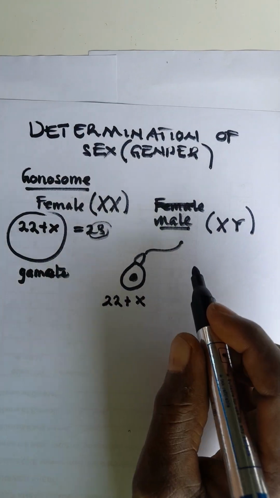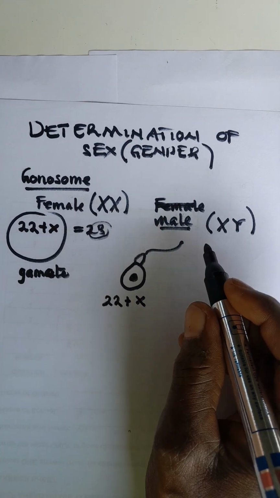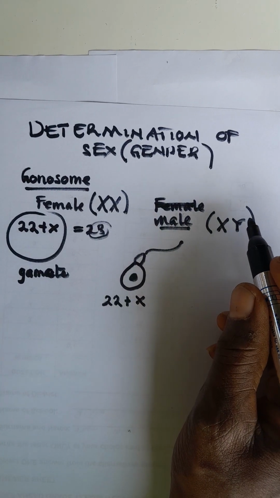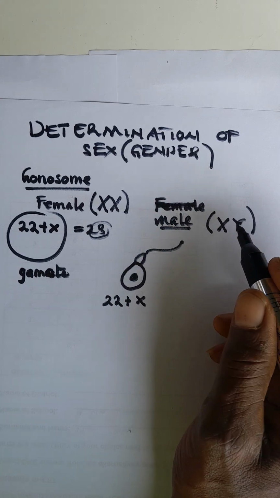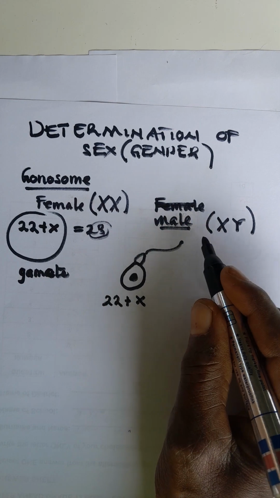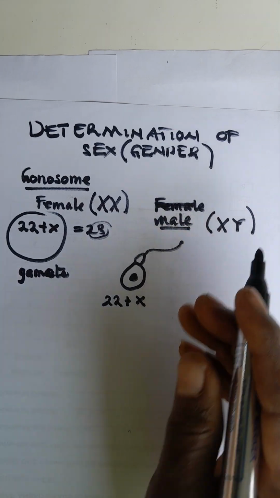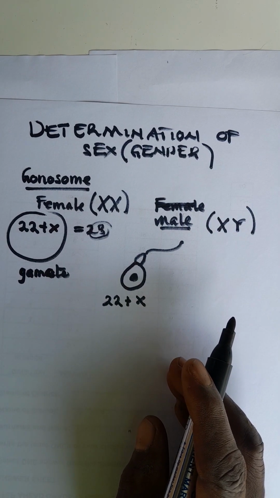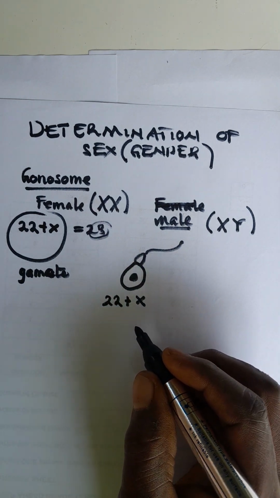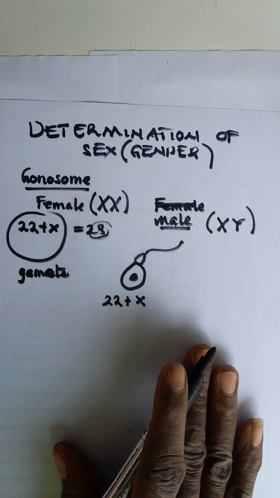Now, in a male, there are also X and Y on his gonosome. So when meiosis occurs, the 46 chromosomes are going to be reduced to form the haploid cell, which is the sperm cell. So there are two types of sperm cells that a male can produce.